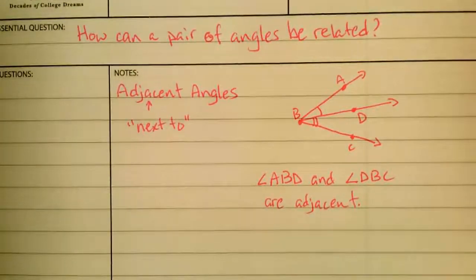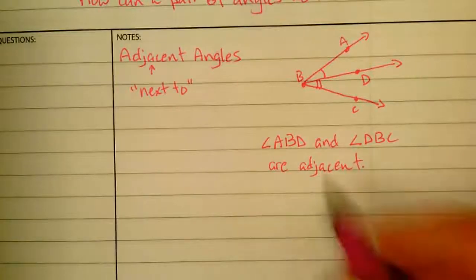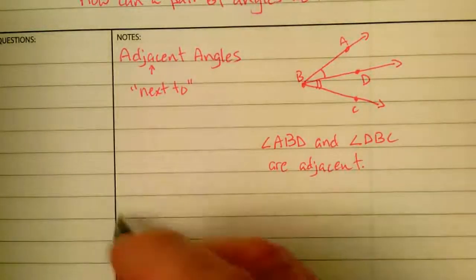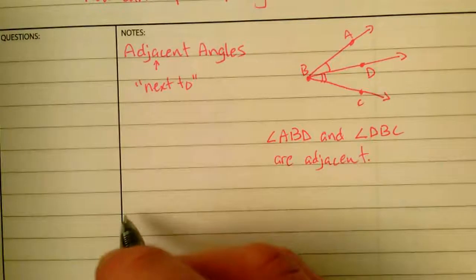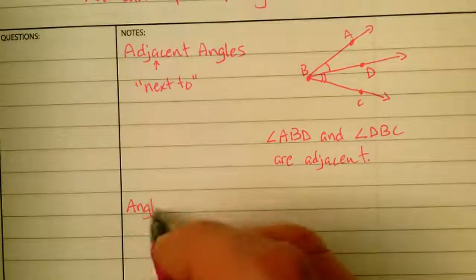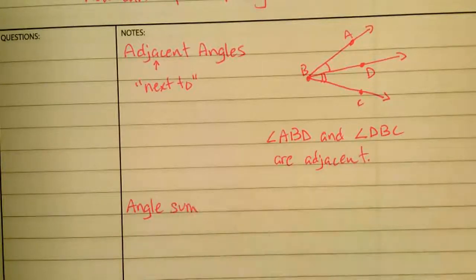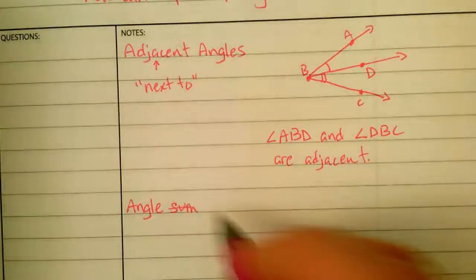When two angles are adjacent, we would also say this is called the angle. Hold on a second. Okay, so I had a total brain fart there.